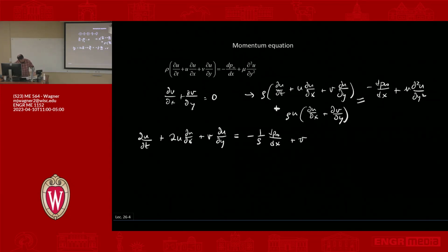So this is nu, yeah, it's mu over rho, so nu partial squared u partial y squared.